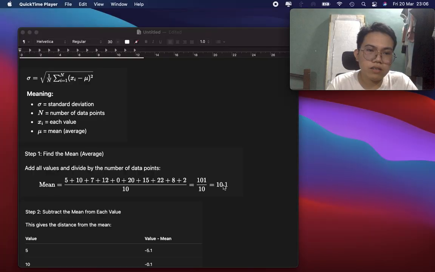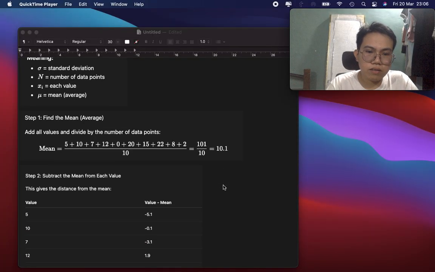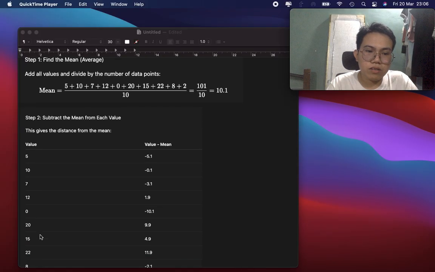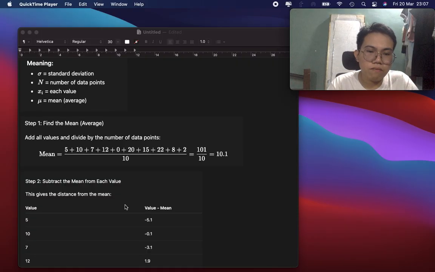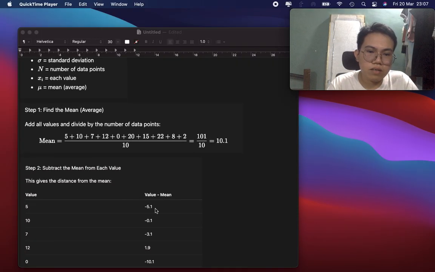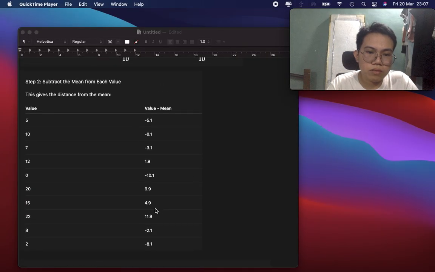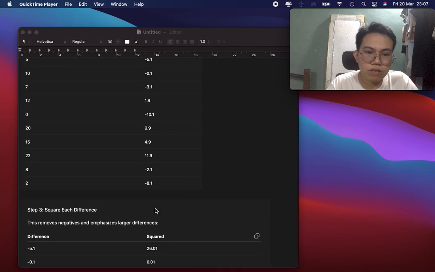To get the standard deviation, first we need to subtract the mean from each value. Since we have the values 5, 10, 7, and so on, we take them. For example, 5 minus the mean of 10.1 gives us negative 5.1, and the same goes for the other values. After that, we square those values.